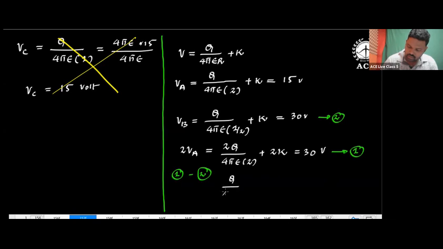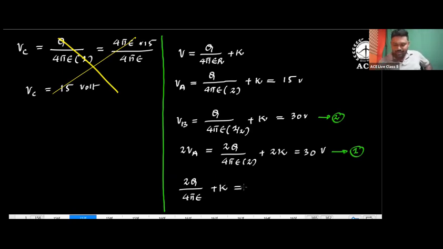Or equate those two things. If I equate those two things, what will you get? 2Q divided by 4 pi epsilon plus K is equal to Q divided by 4 pi epsilon plus 2K.